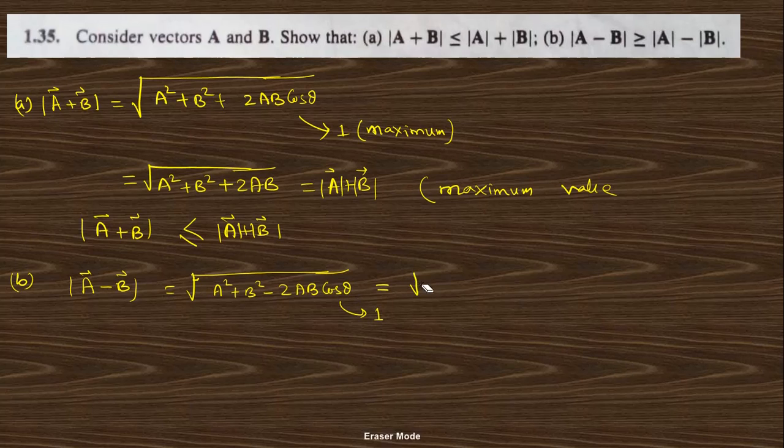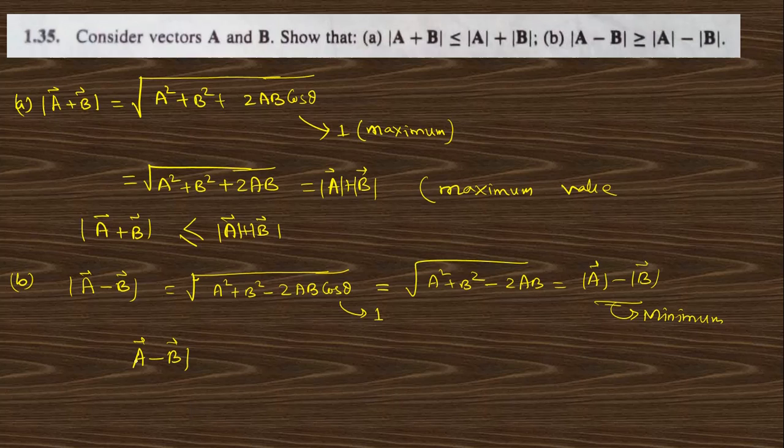So the minimum value will be A square plus B square minus 2AB, which is nothing but A vector minus B vector. Since this is the minimum value, this will be greater than or equal to A vector minus B vector.